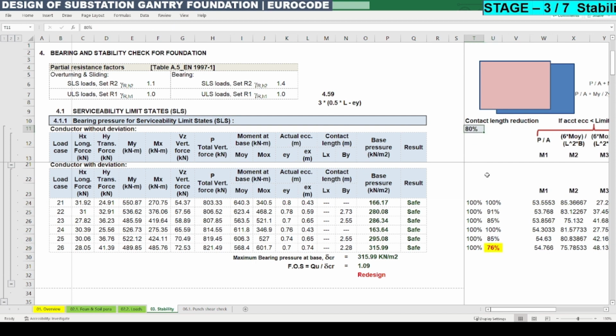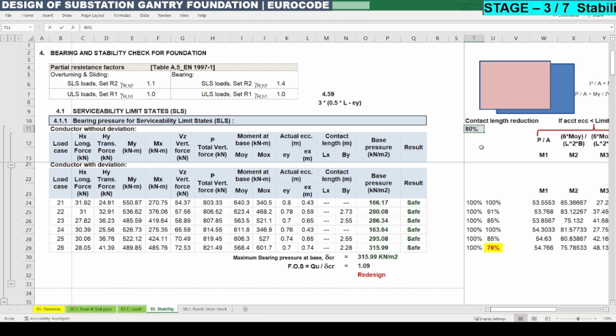Some customers say 70% is sufficient, then this foundation is okay for contact length reduction. There is no limitation or regulation in the European standard. This contact length reduction percentage is as per the customer recommendation.